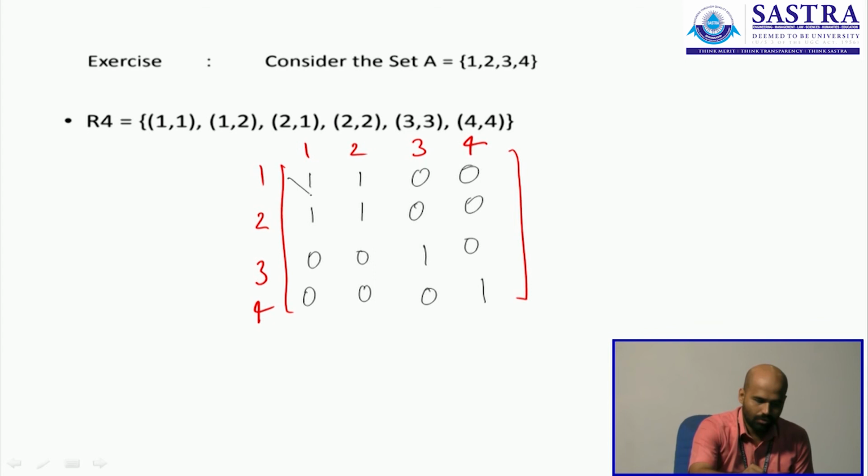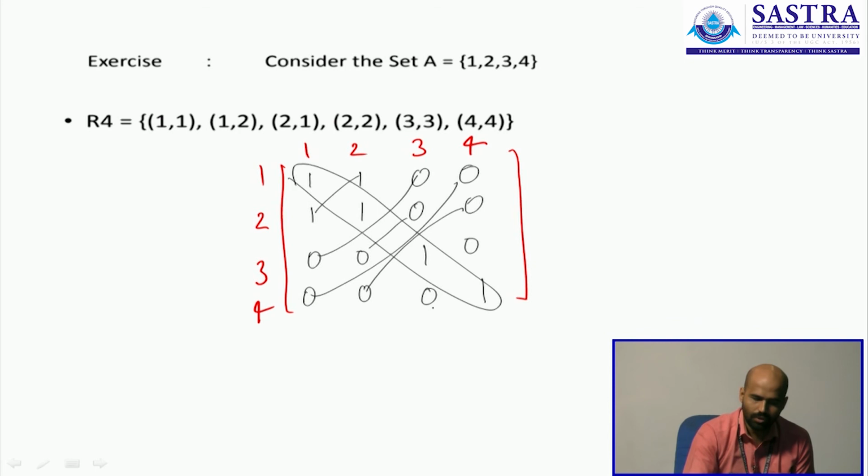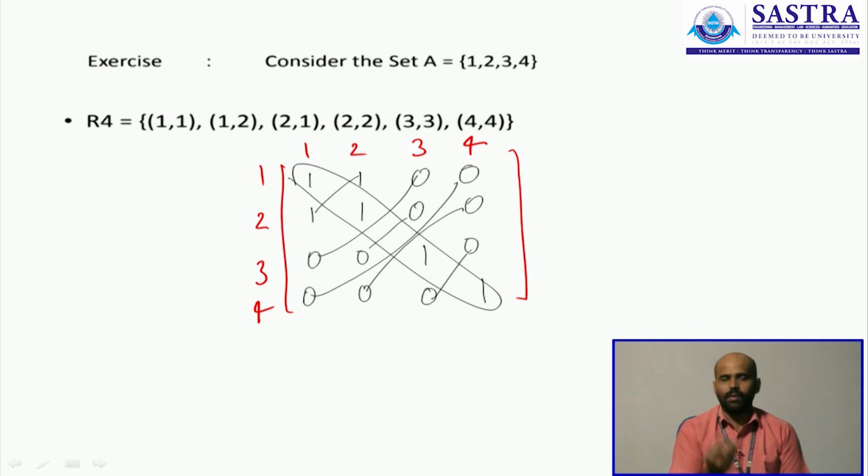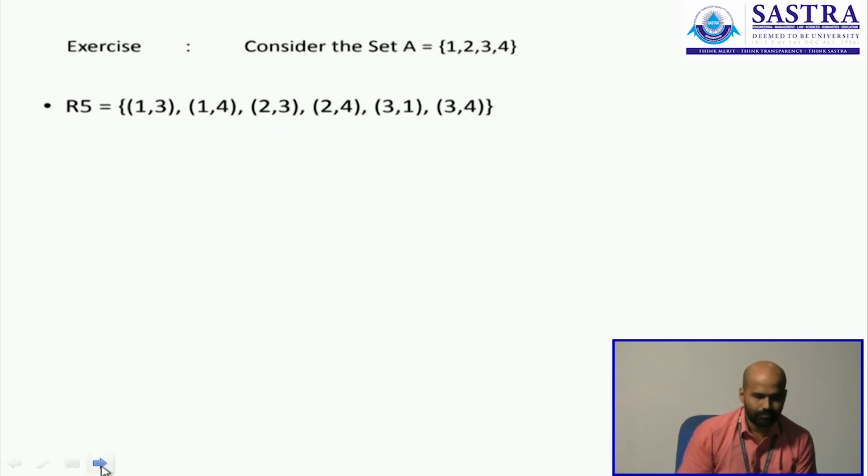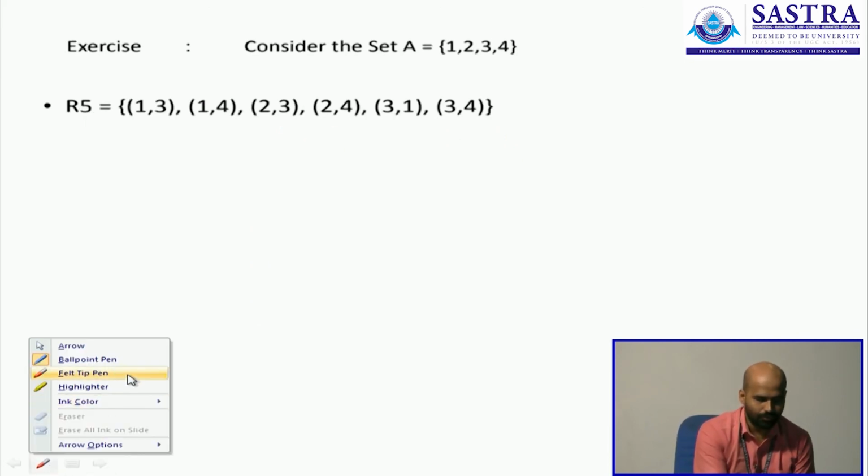Yes, you will observe the diagonal here. You will see that these two are observed, these two are observed, these two are observed, these two, these two. Yes, yes, yes. It of course happens to be a symmetric relation only because the underlying matrix that represents the relation is also symmetric.